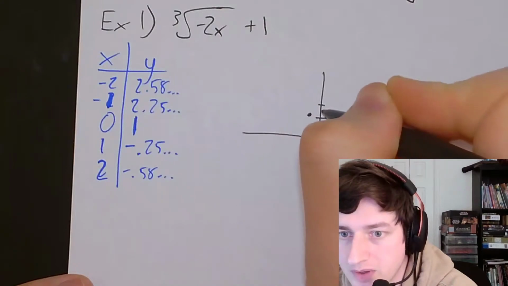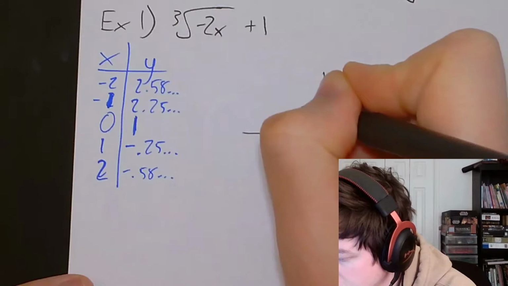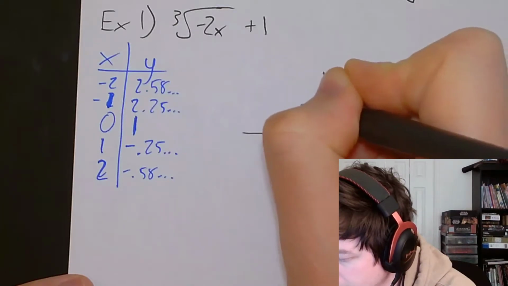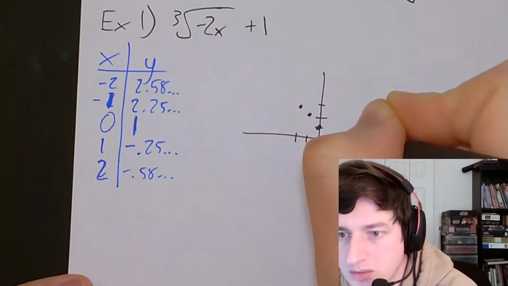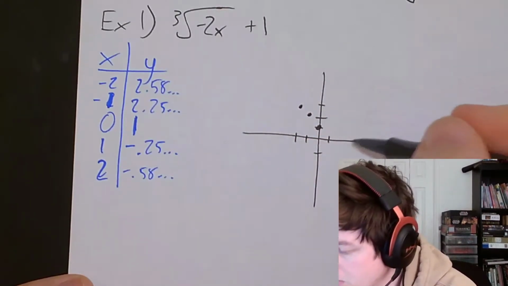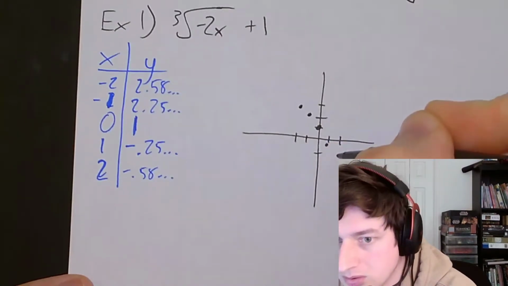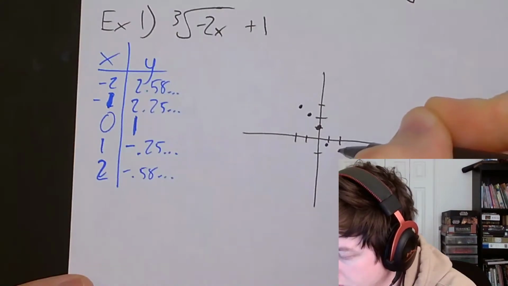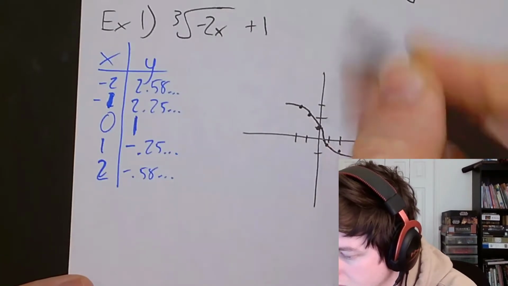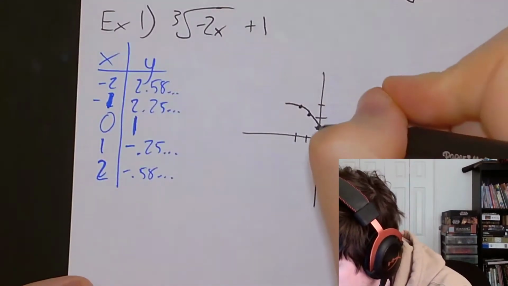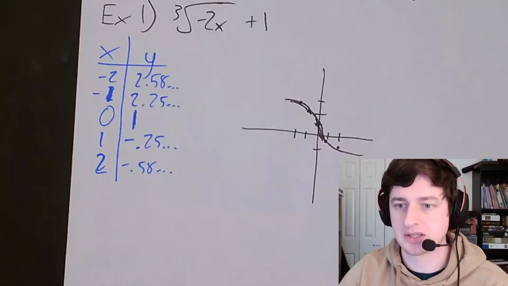So there, and then back 2 and up 2.58, and then 1 comma negative 0.25 and 2 comma negative 0.58. So our graph looks like this. Not perfect, not to scale, but about like that.